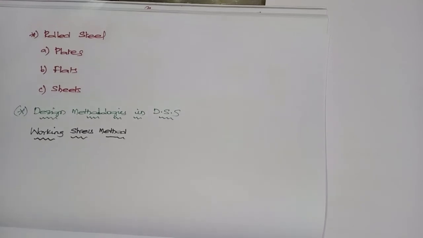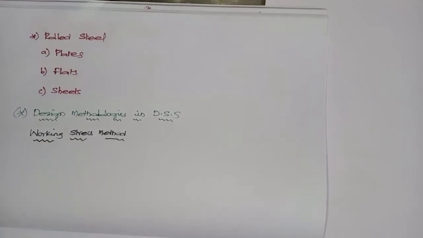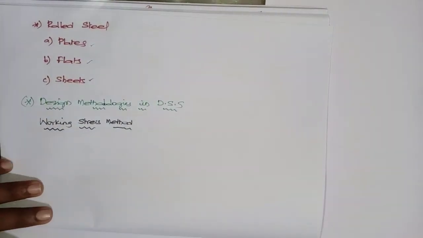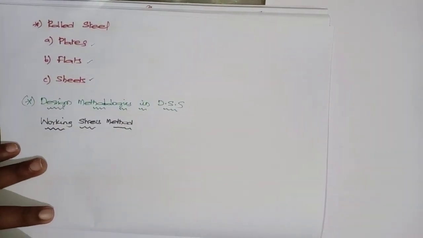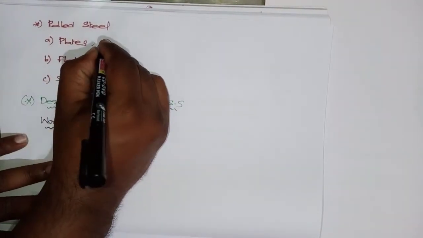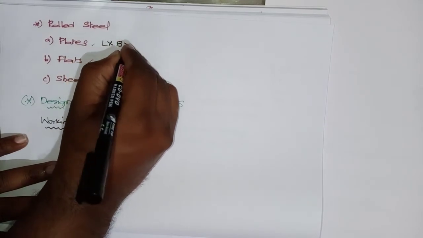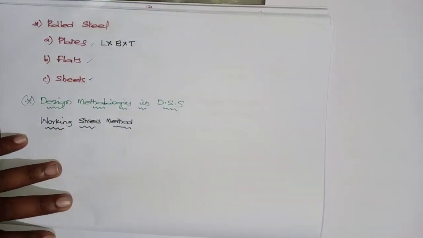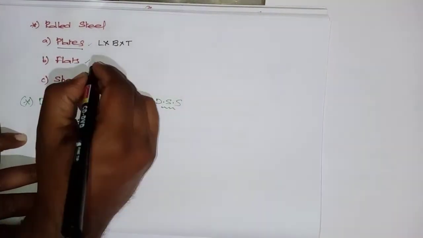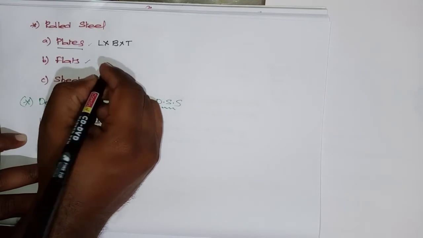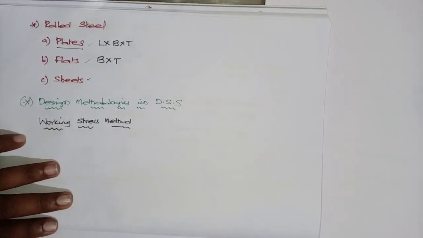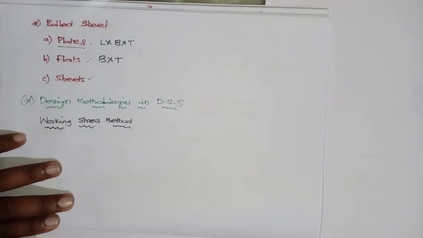Coming to the next slide, that is rolled steel plates, flats and sheets. Now what is the difference between these three? If it is designated with its length, width and its thickness, that is considered as what? A plate. Next, if a member is designated with width and only thickness, not length, it is called a flat.